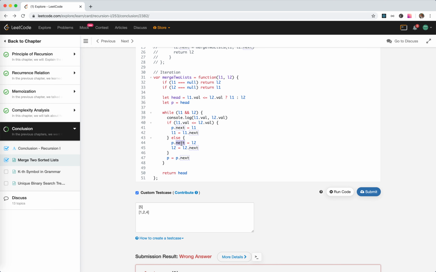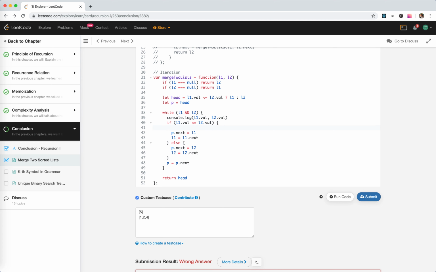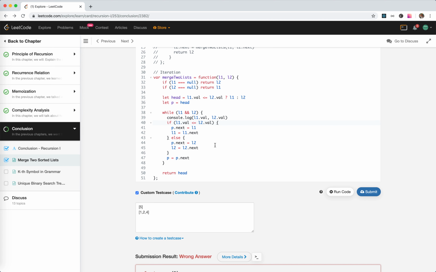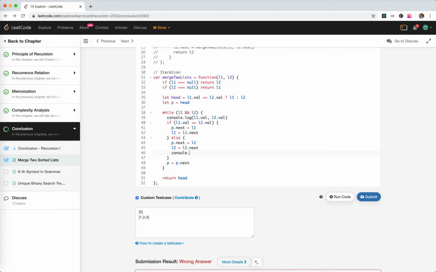L2 equals... oh no. Let me console log L2 going to next.